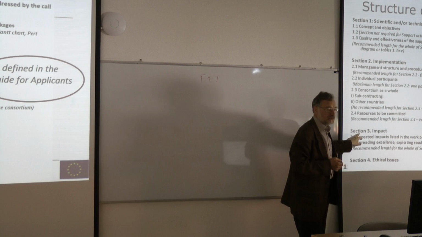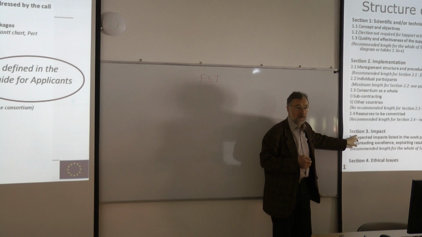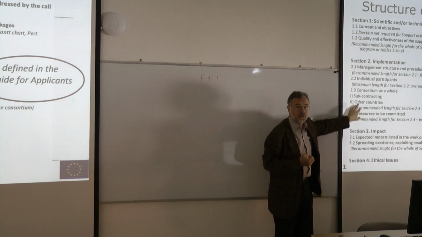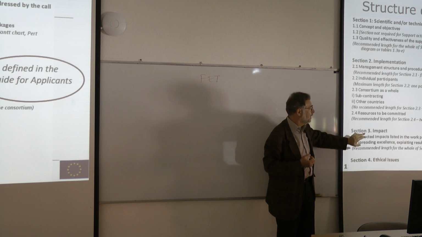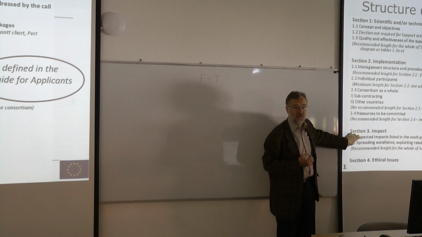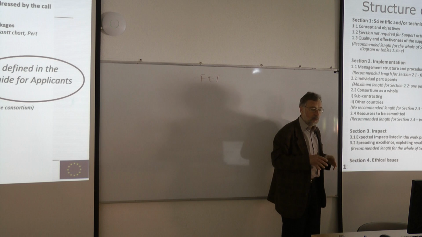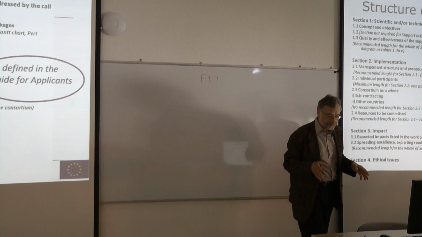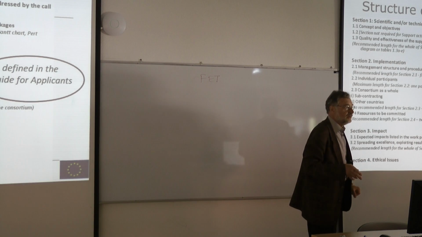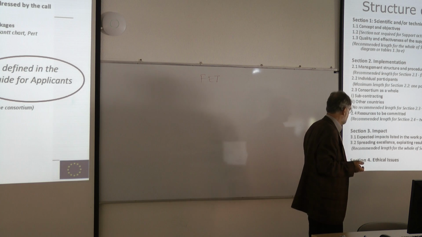And then we have section 3, impact. The basic question here is: to do the work, to get to some results, what would be the impact or the effect of your project on the overall context, on society, on the political environment of the countries?